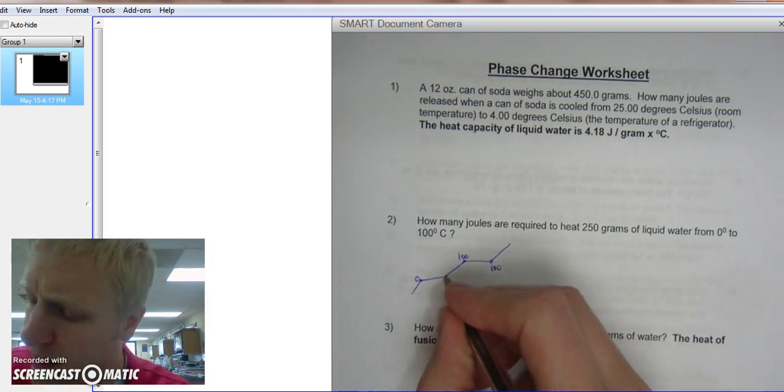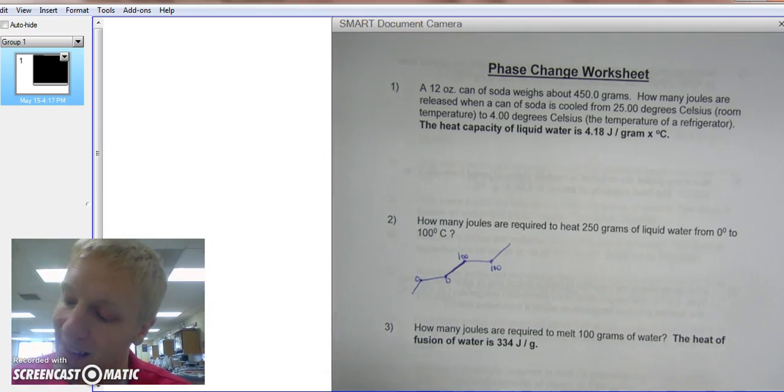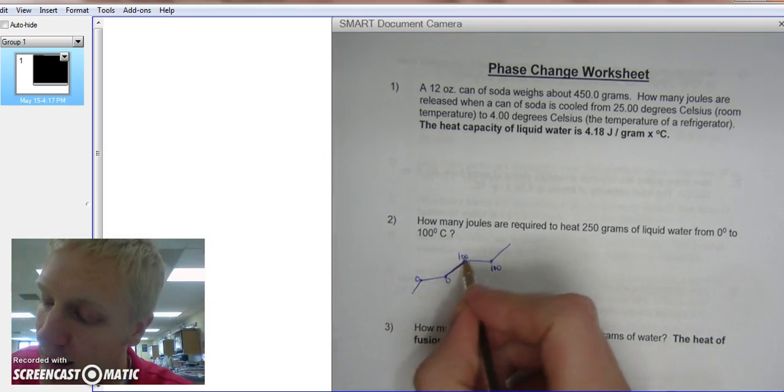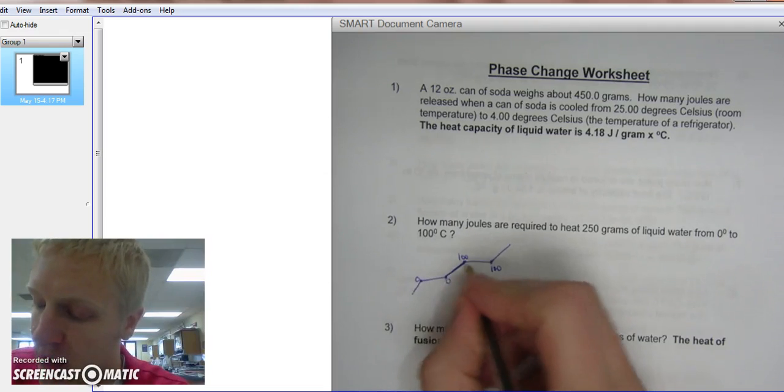We're going from 0 to 100, and it looks like that covers just one line. Therefore, we're just going to deal with one equation, because each line you can find the energy given off or absorbed with an equation. So each line represents an equation.